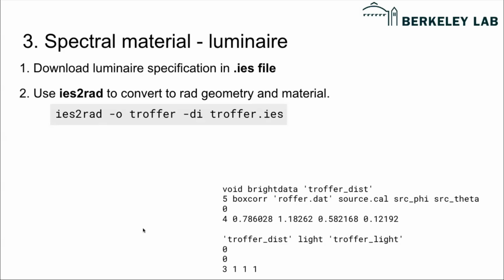So the function will look like ies2rad, then -o, which is whatever name you want to name your file, and then -d followed by the dimension unit you want your file to be, and then the name of your IES file. This function will generate a brightdata primitive and a light primitive for your material, and it will also generate a geometry for you, which I didn't include here.